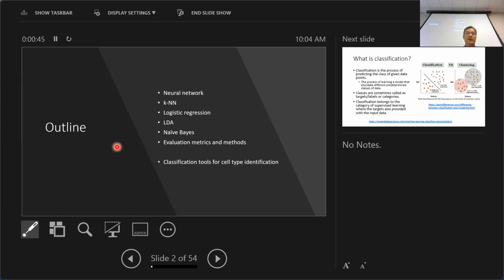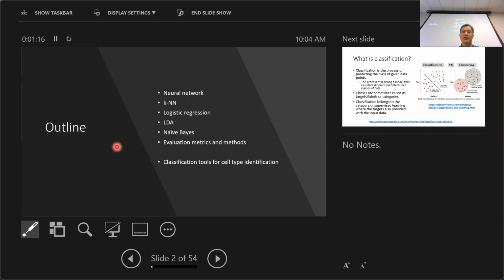So we will discuss neural networks. We will discuss KNN, K nearest neighbor, logistic regression, LDA, naive Bayesian, and see how we can evaluate the success of classification, whether you design an approach and a tool you can validate using your own data, but once other people use it, it gives random results.